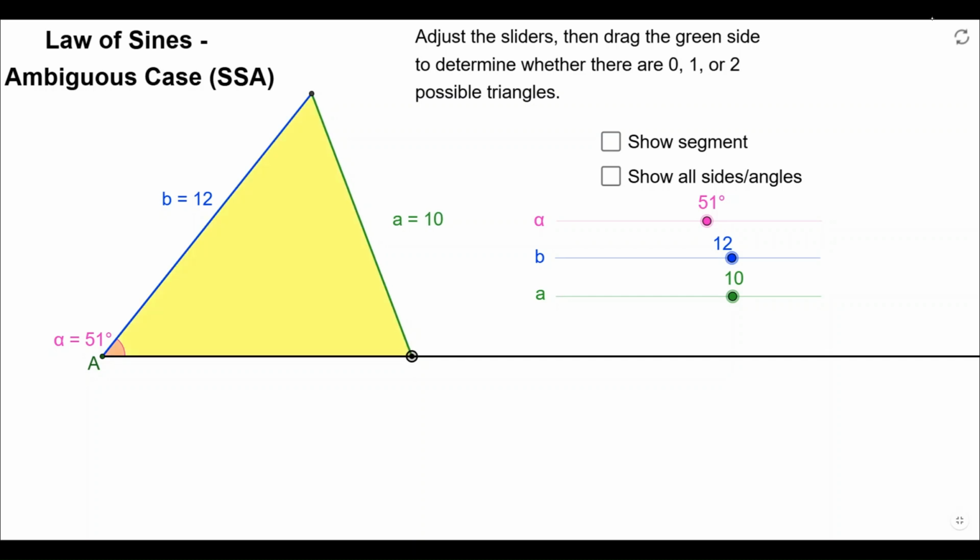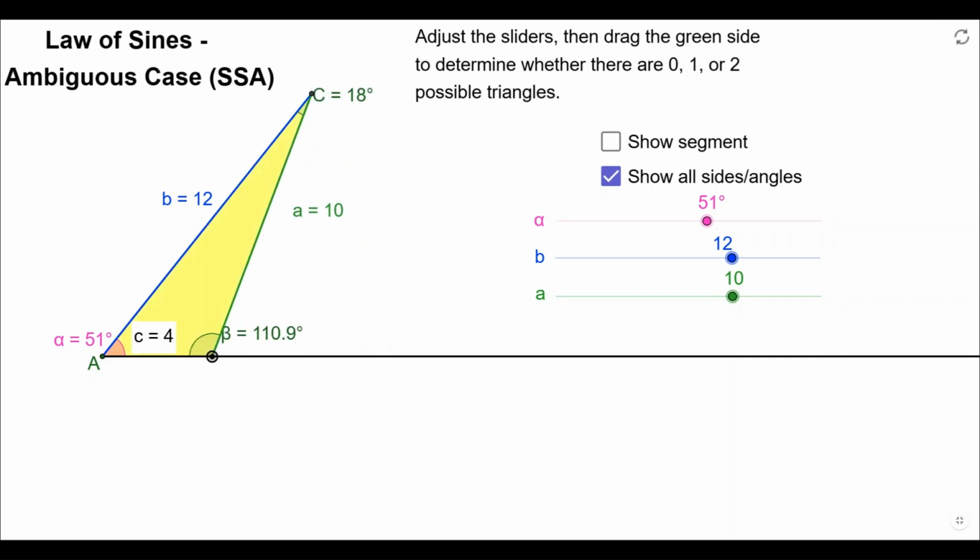Now one nice thing to note here is if we swing that side A outwards away from angle A, the angle that it forms in the bottom, we could think of this as angle B, that it forms with the bottom side of the triangle, it's going to be an acute angle. And if we swing it inwards towards angle A, this angle B is now an obtuse angle. So we're going to get 2 triangles.